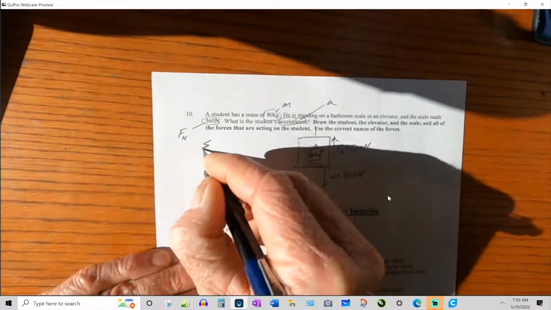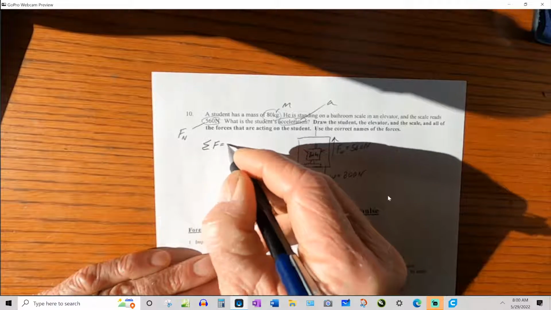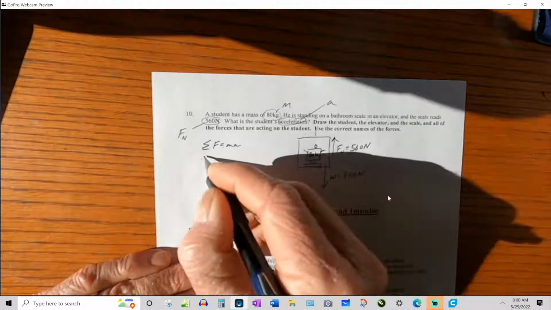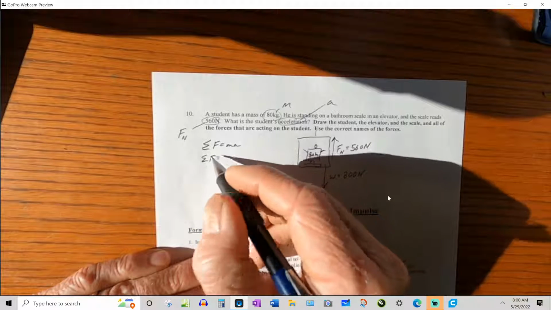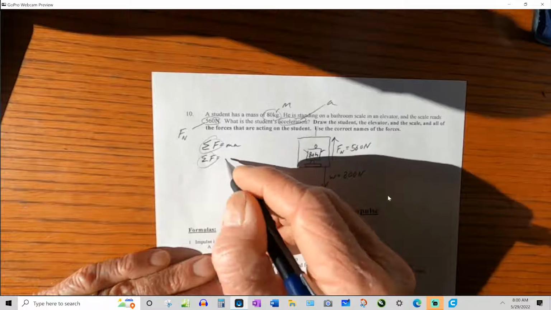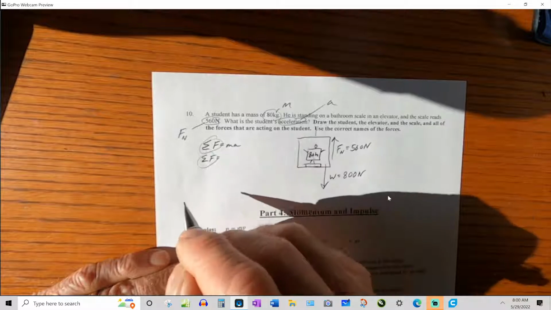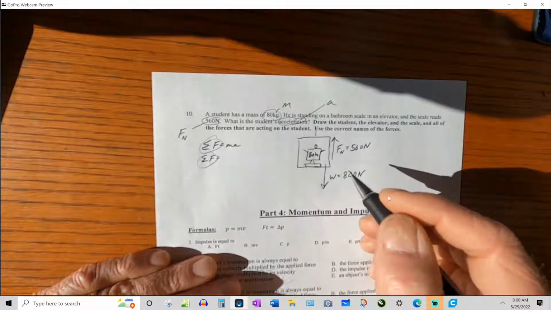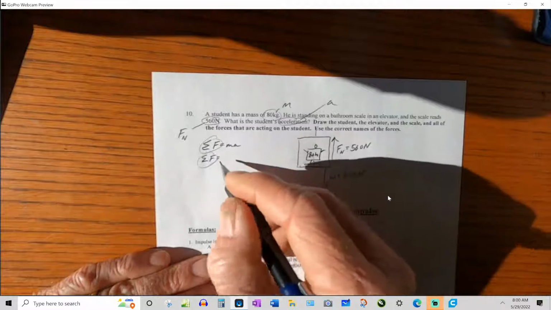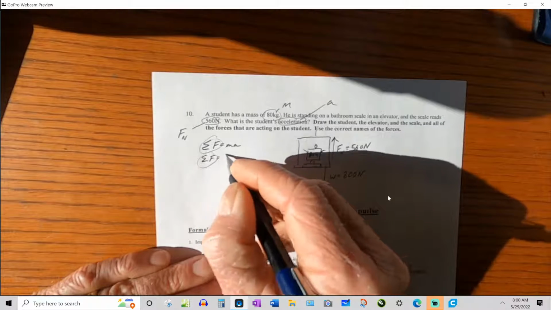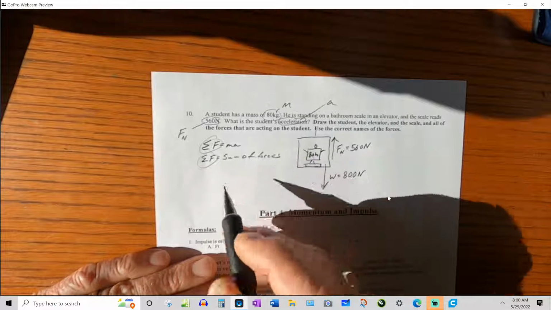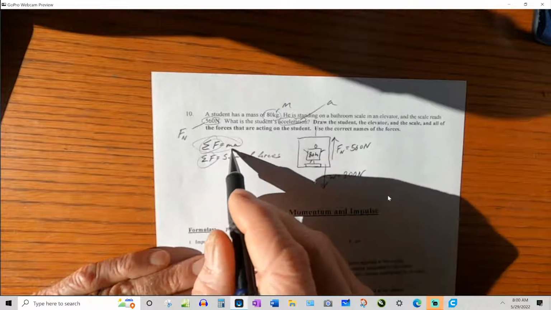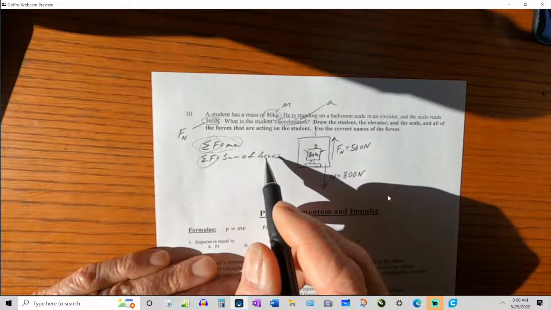So remember the two things I'm going to do. I'm going to try to use this equation, and then I'm going to add up all the forces. And those are two different ways to get the net force. By doing those two things, I'll be able to figure out what the acceleration is. So sum of forces. Now, last time I started with this one, I can't do this time because I'm looking for the acceleration.